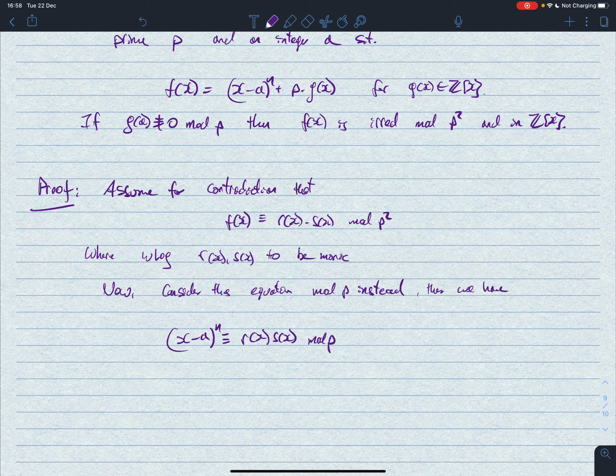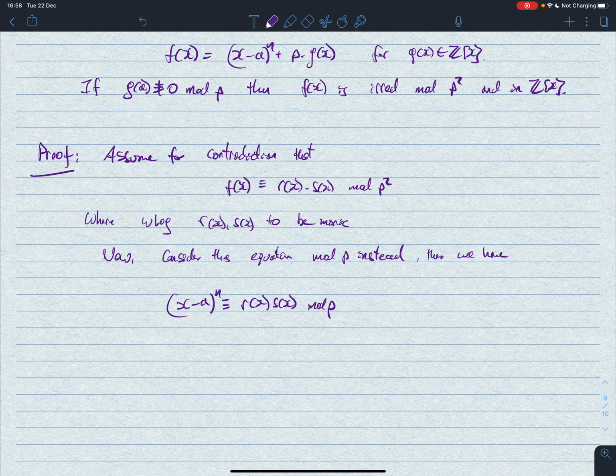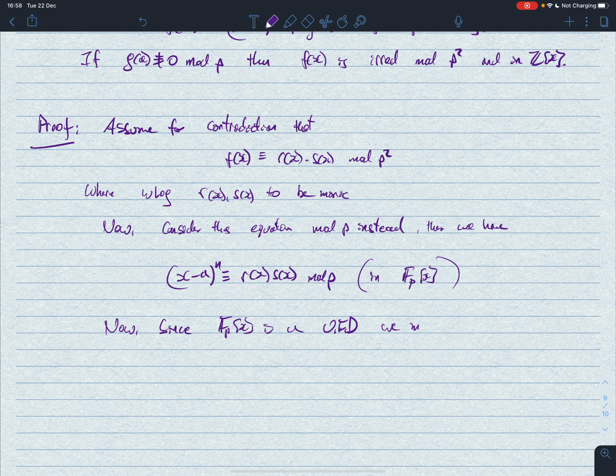So now, what do we have? We have some equality of polynomials, to be precise, in F_p[x]. Now, since F_p[x] is a unique factorization domain, we must have the following.